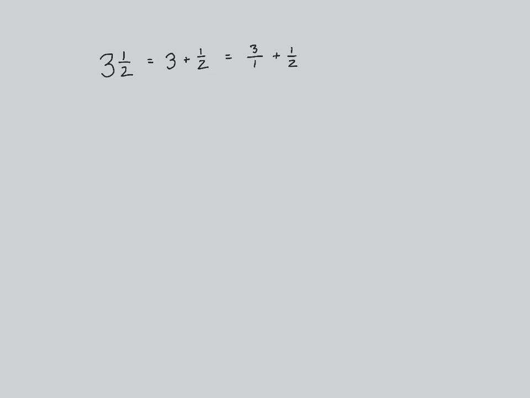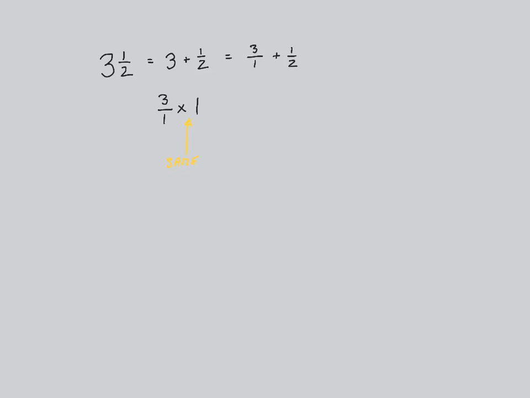But what do you think 3 divided by 1 multiplied by 1 is? Well, multiplying by 1 leaves things the same. It doesn't make any difference. So you might say, well, why do we do it?